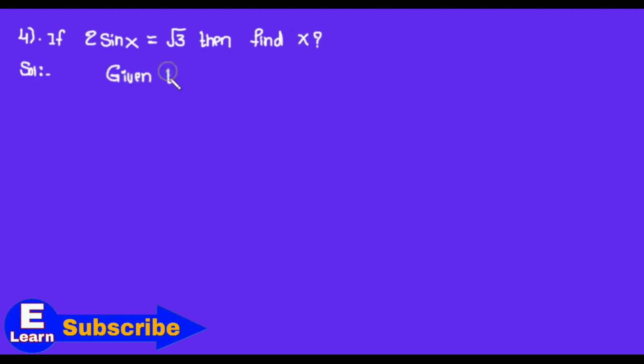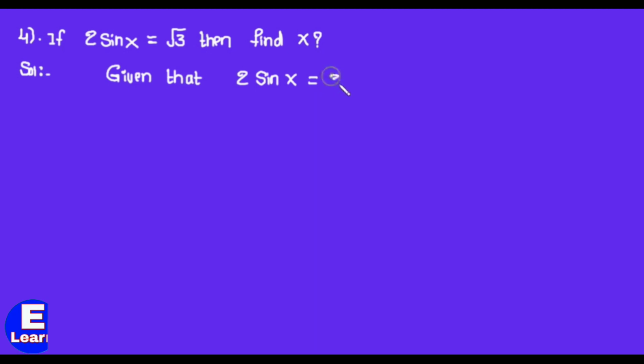Problem number 4. If 2 sin x is equal to root 3, then find x. Given that 2 sin x equal to root 3, by moving the constant 2 to the right hand side, we will get sin x is equal to root 3 by 2.